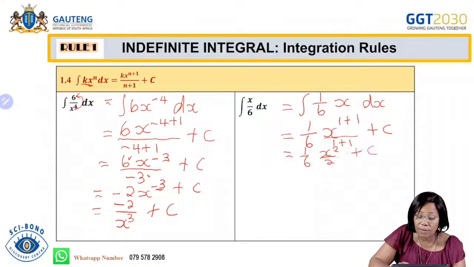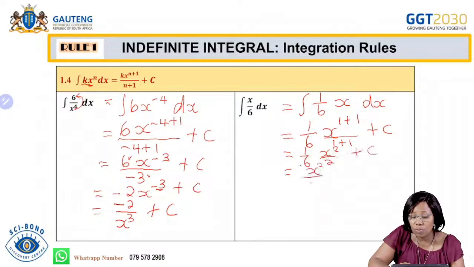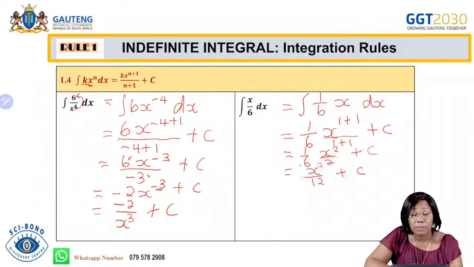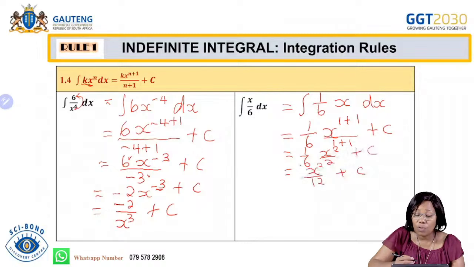Can you see, grade 12? The final answer thereof will be 1 times x squared, which is x squared, and then 6 times 2, which is 12, and then the plus c. Okay? Do not confuse this, grade 12. You have your formulas on the formula sheet.